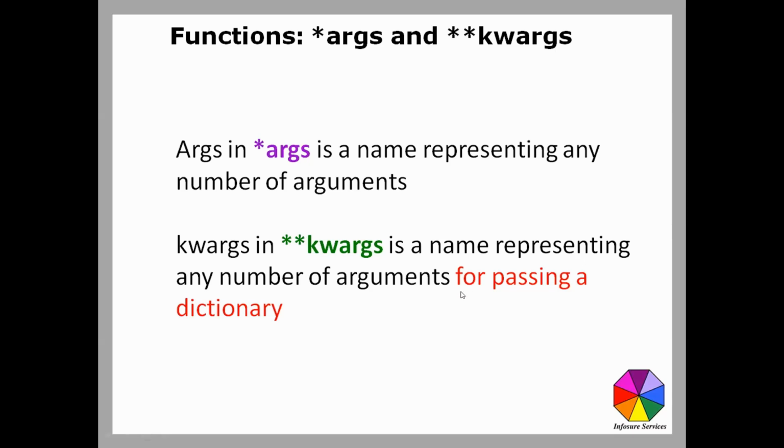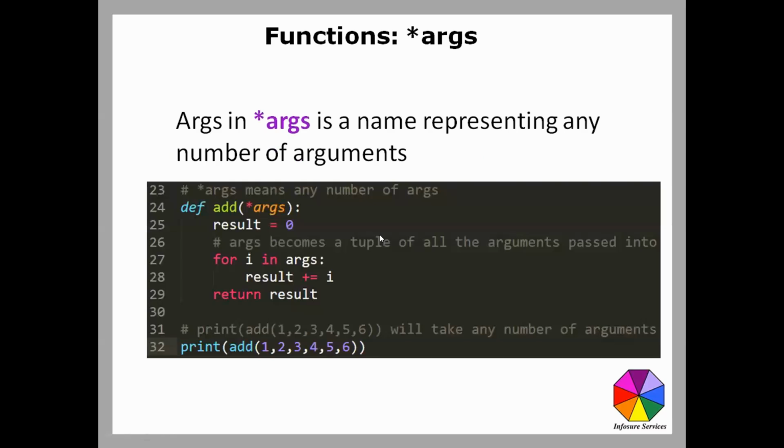Later we'll see that it is called a dictionary. A dictionary is a key value pair. We'll look at it later. But this notation of a function having star args, comma, double star kwargs is going to make the function accept any value.